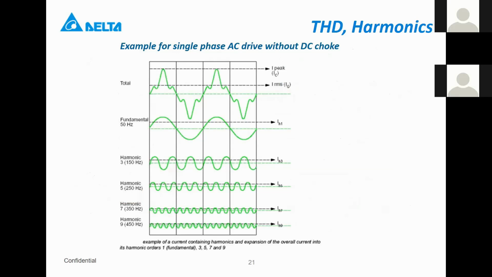First, you have the fundamental, of course, the 50 Hertz current shape. After that, you have the third harmonic, that means 3 times 50 Hertz, 150 Hertz frequency. After that, the fifth harmonic, 250 Hertz, the seventh harmonic, 350 Hertz, and so on.